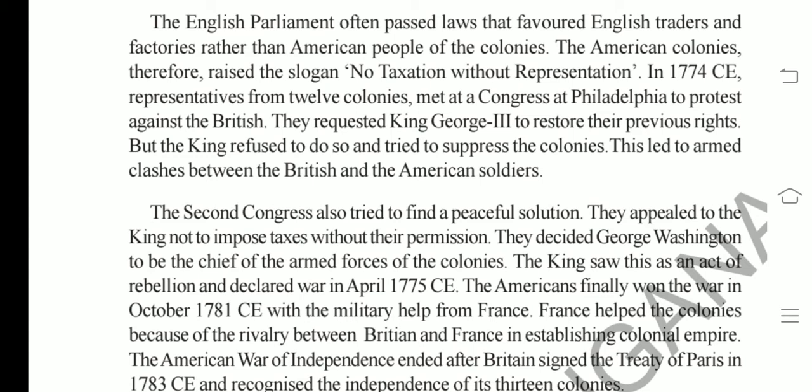There they appealed that George Washington be the chief of the armed forces of the colonies. It means that George Washington became the chief of the armed forces of the 13 colonies.